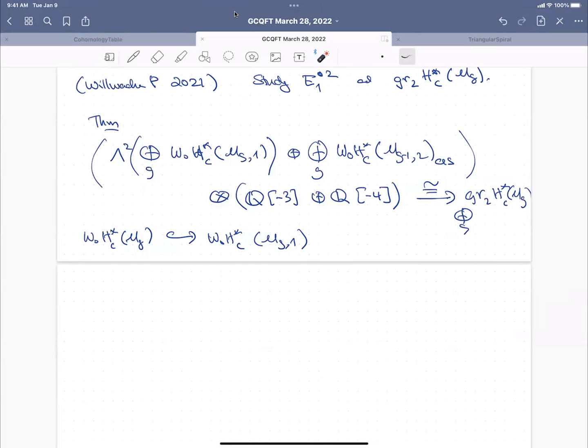Good. Okay, so now let me start to give you the ideas of the proof and where you can see the types of graph complexes that arise.